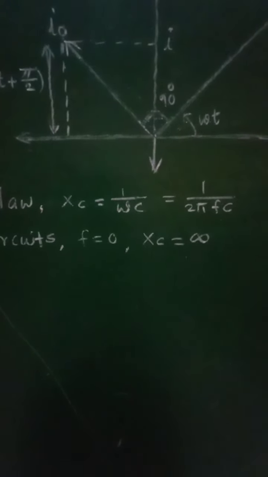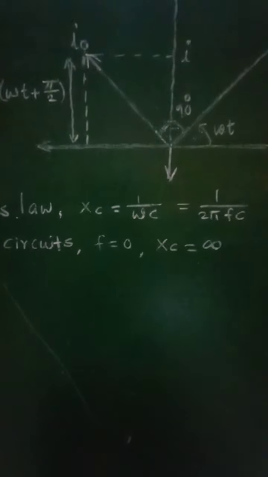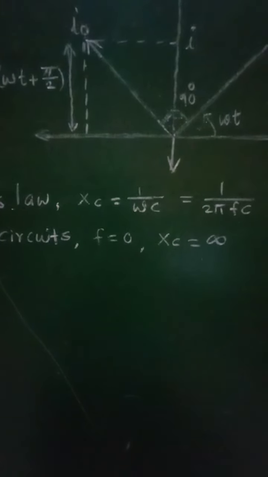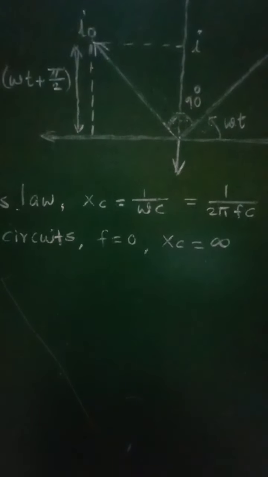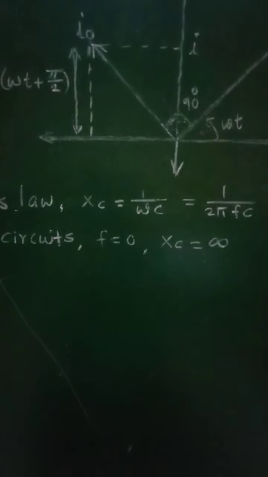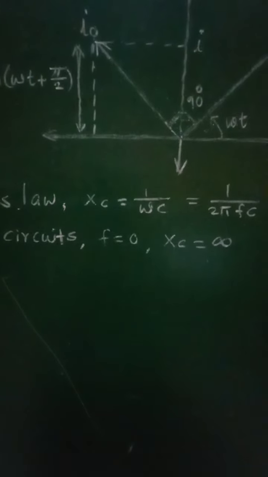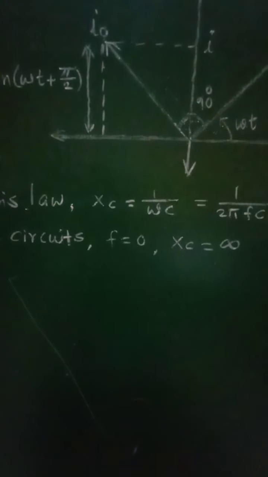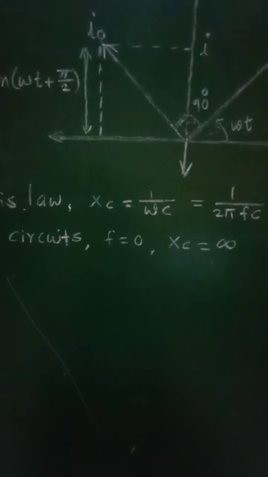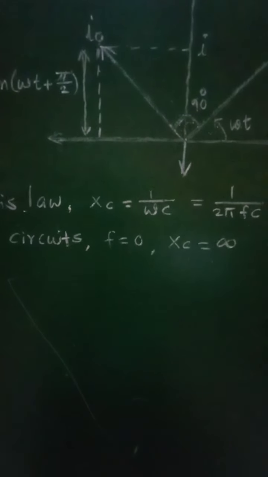That is, in case of DC circuits, the capacitive reactance becomes infinite. Therefore DC will be blocked by the capacitor, and it will allow AC of high frequency to pass. So high frequency AC will be passed through the capacitor and DC will be blocked.